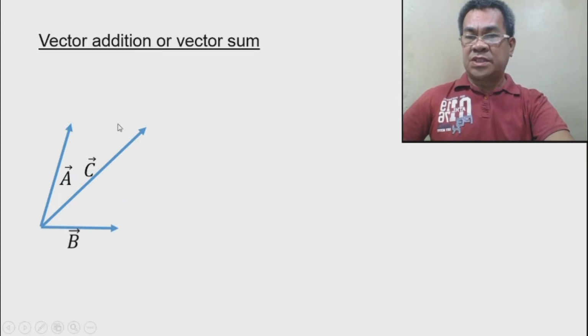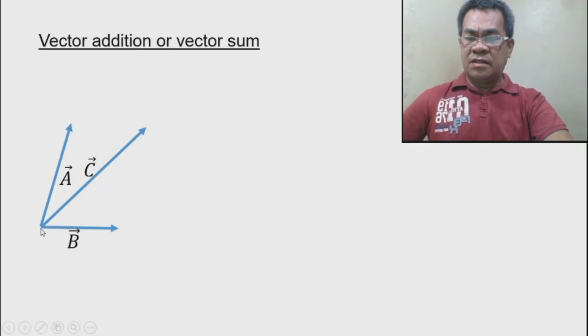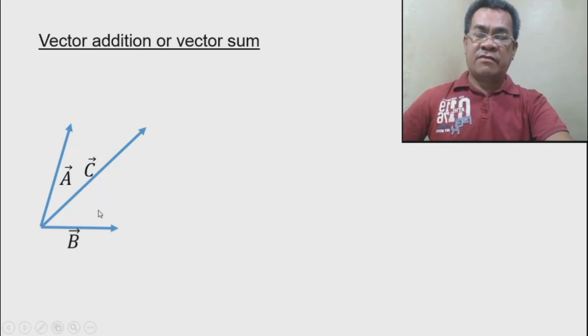You construct equal vectors and place them at the tail. You can notice that this is no longer a polygon of vectors. We call this concurrent vectors. Concurrent means that the lines have a common point, and this is the common point, the tail of the three vectors.